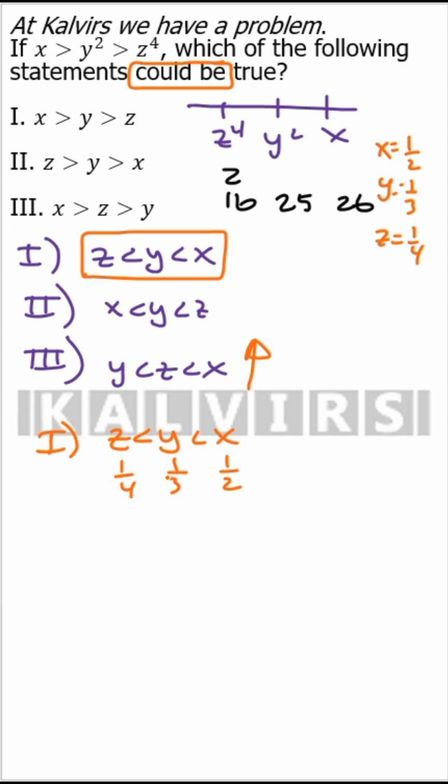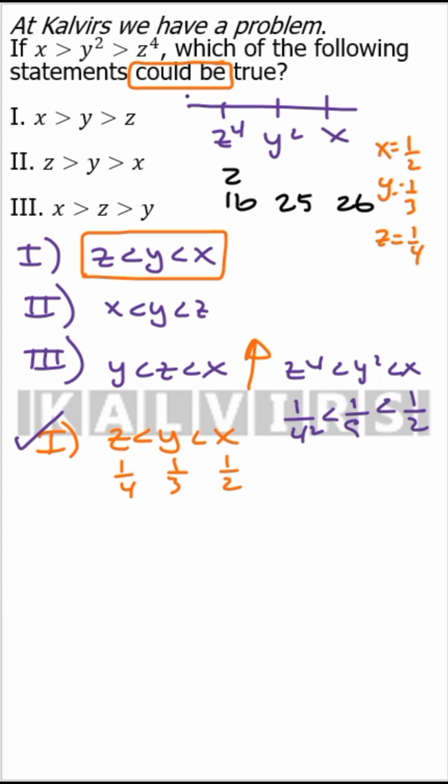If you pick numbers like this, you try to find out if they work in the main statement, which is z to the power of 4 less than y squared less than x. Let's try. 1/2 is greater than 1/3 squared, which is 1/9, and 1/4 to the power of 4 is lower than 1/9. Yes, it works.